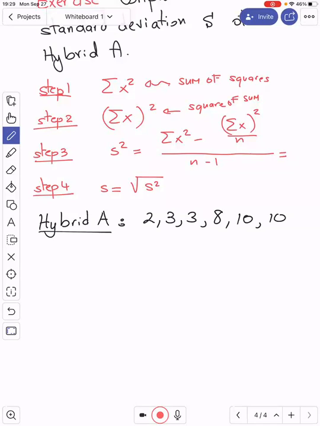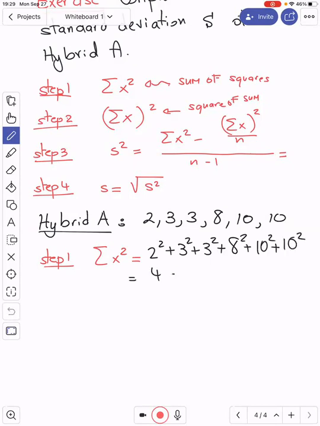Okay, so let's do this. Step 1, the sum of the squares. You take the square of the first number, that will be 2 squared, plus the square of the second number, 3 squared. This is what I denote by the sum of the x squared. So that will be 2 squared plus 3 squared plus 3 squared plus 8 squared plus 10 squared plus 10 squared.